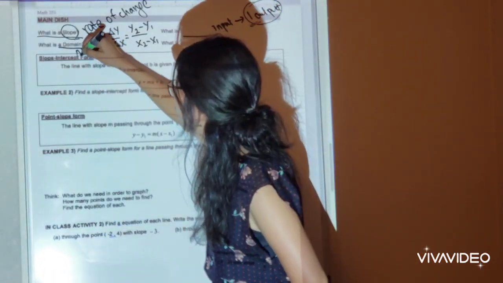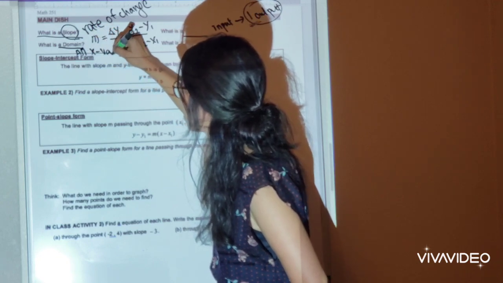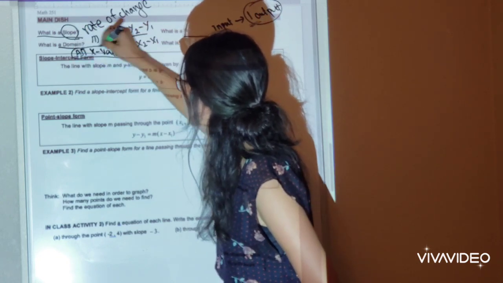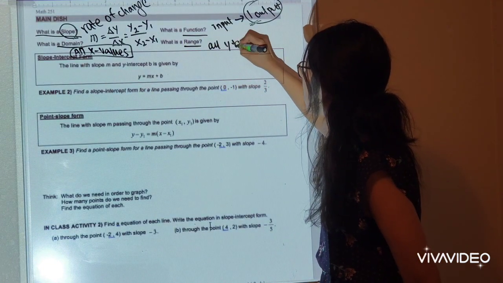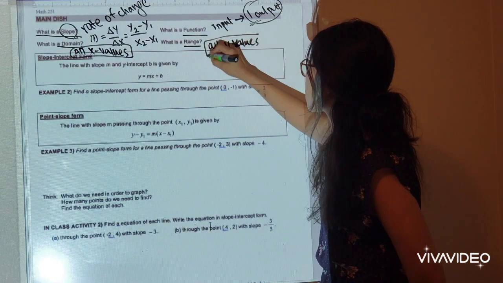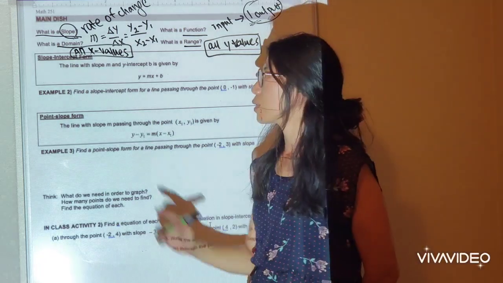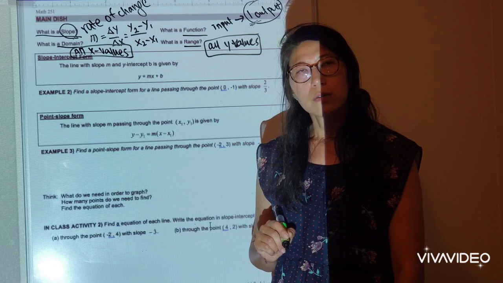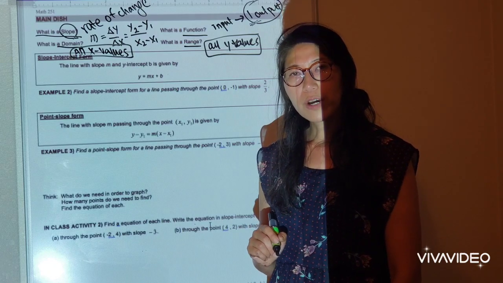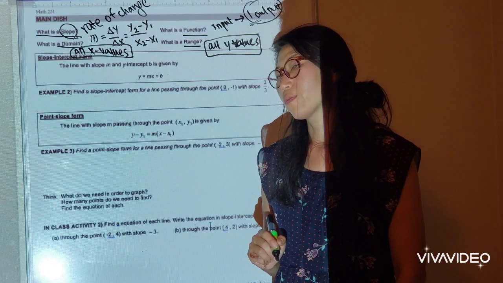And then what is a domain? Domain means all x values, and range means all y values. You can think about it this way. Sometimes people do not think domain is important, but when you drive, you don't want a 5 year old kid to drive, right?